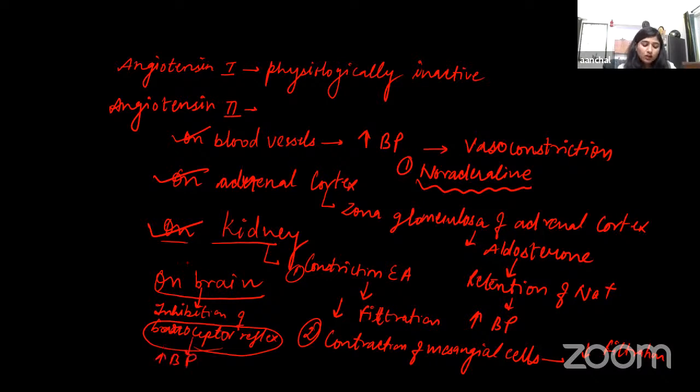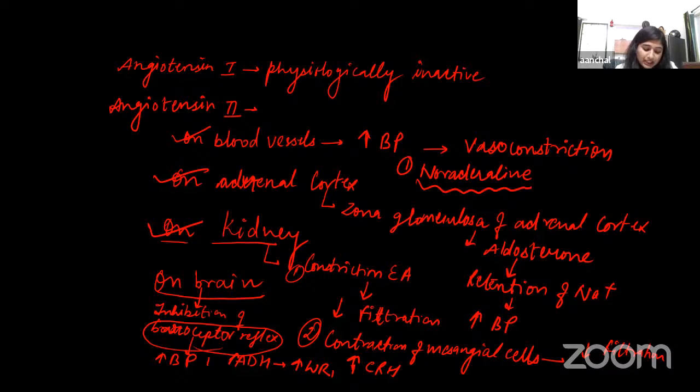Okay. Another thing also, that this angiotensin 2 also causes increase in ADH, right? So if there will be increase in ADH, it means there will be increase in water reabsorption, right? Then also, angiotensin 2 is also responsible for increasing the secretion of corticotropin releasing hormone, CRH, from hypothalamus, right?